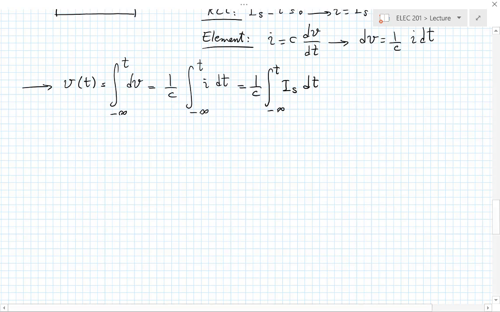Now, if I look at my Is, maybe I should just draw it here to have it handy. Is was 0 everywhere until t equals 0, and then jumps to I naught. This was my Is of t.